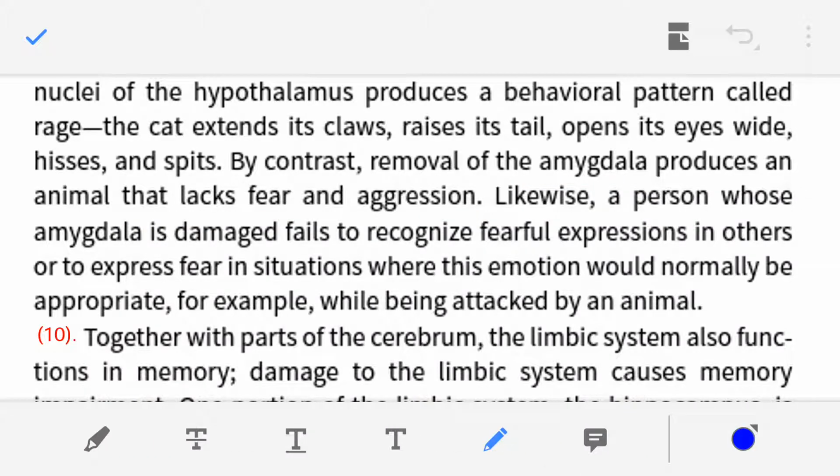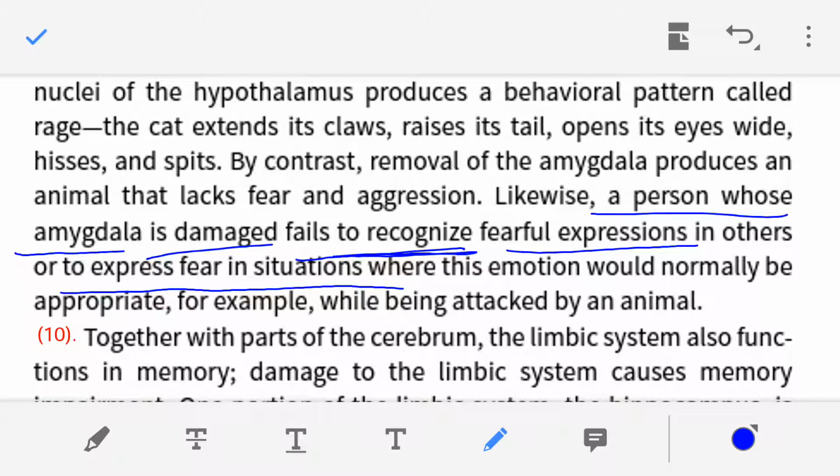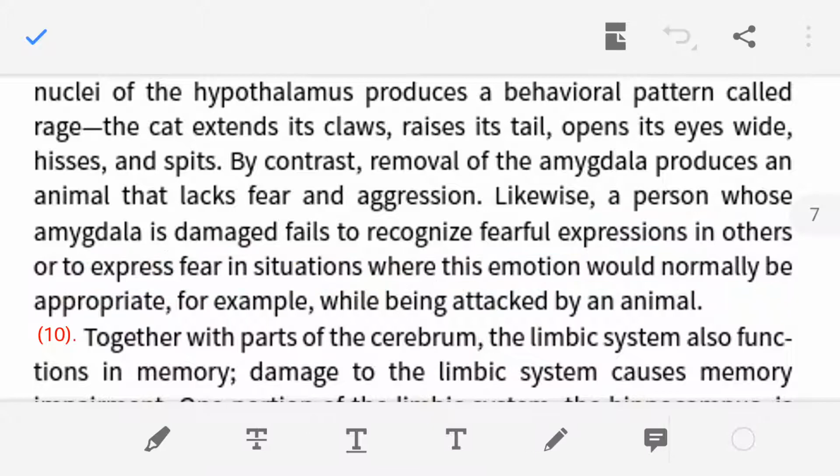Likewise, a person whose amygdala is damaged fails to recognize fearful expression in others or to express fear in situations where this emotion would normally be appropriate. So when a person's amygdala is damaged, that person is not able to experience a fearful situation.